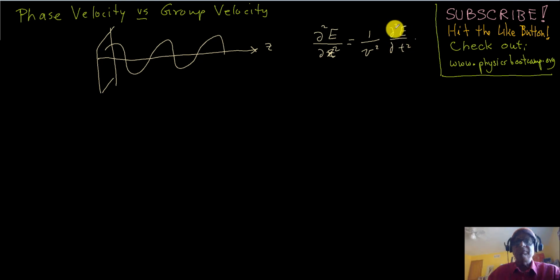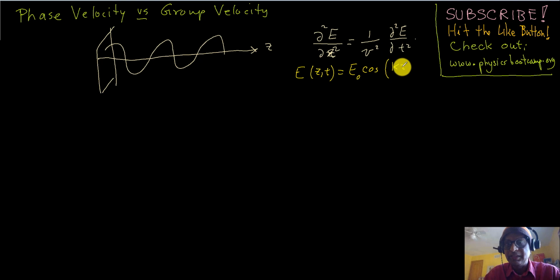And you can see that for this wave equation, by just plugging in, the solution is going to be something like E of z, t equals some E0, which is the amplitude, times cosine of (kz minus omega t).